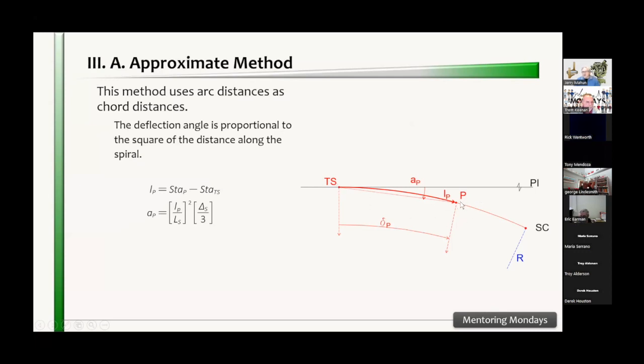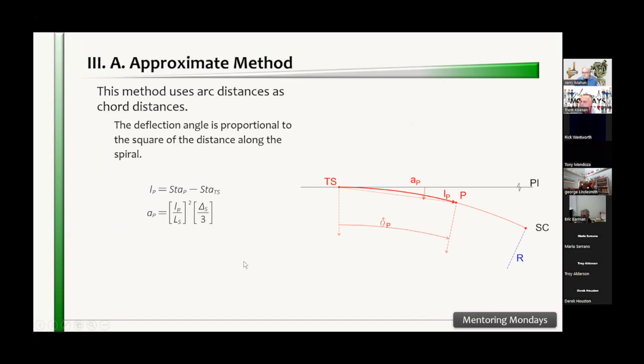You pick a station out on a curve, subtract the TS station from it, and that's your arc/chord distance. The curve deflects as the square; it's proportional to the square of the distance along the spiral. So the deflection angle to there is equal to that distance divided by the length of the spiral, squared, times the spiral angle from that end.